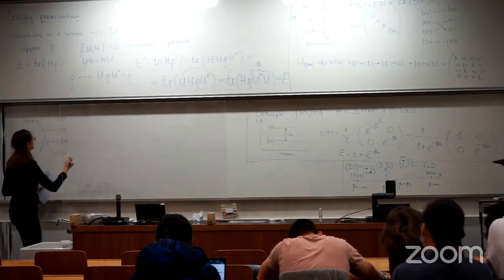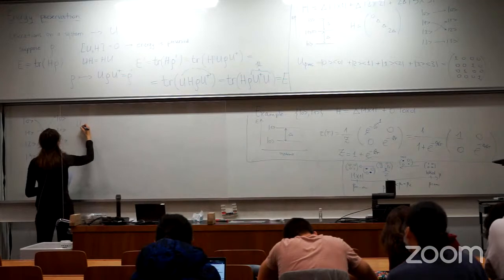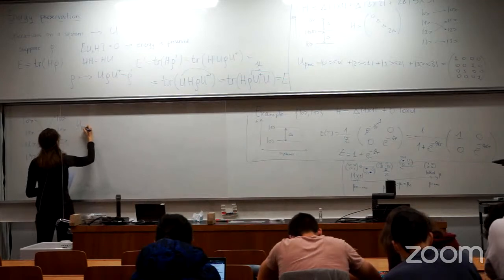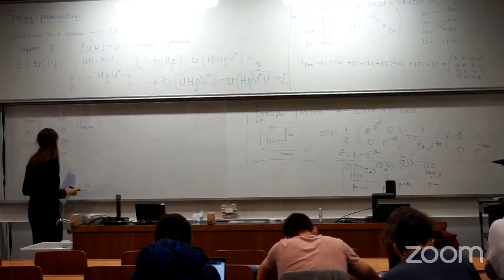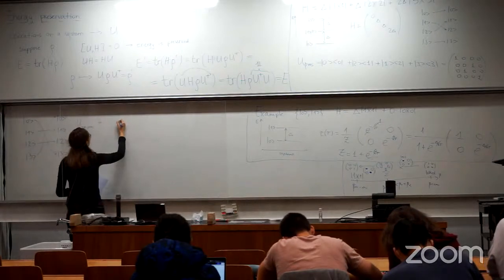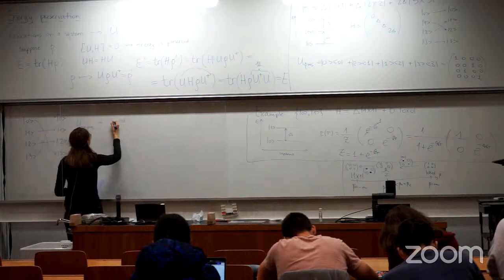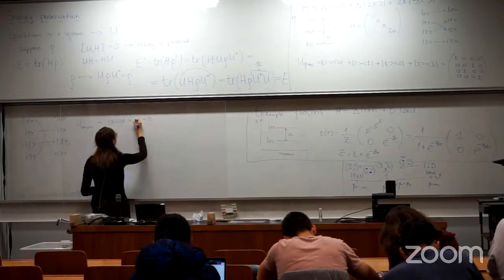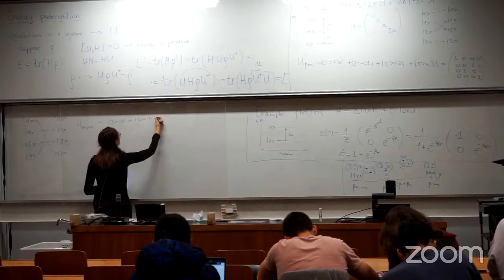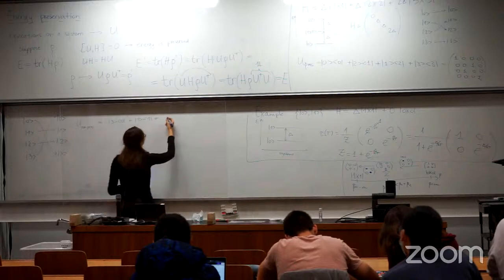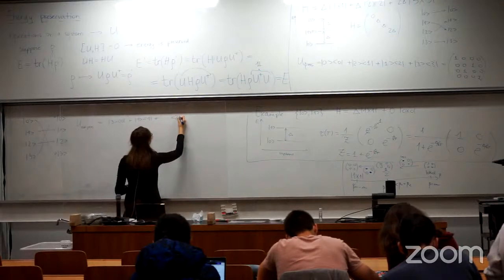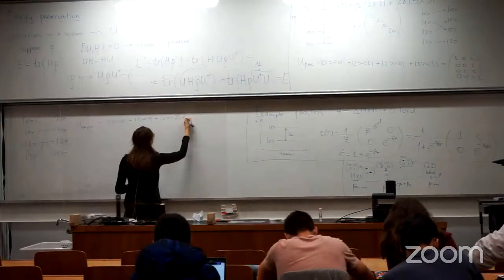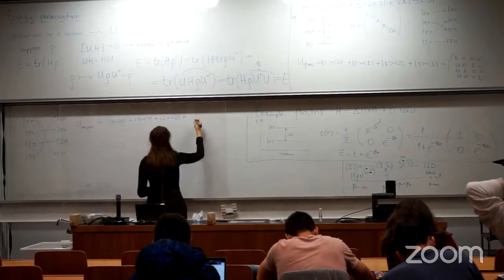So U non-preserving, we write it then as 0 is mapped to 3, plus 1 is mapped to 1, plus 2 is mapped to 2, and 3 is mapped to 0.